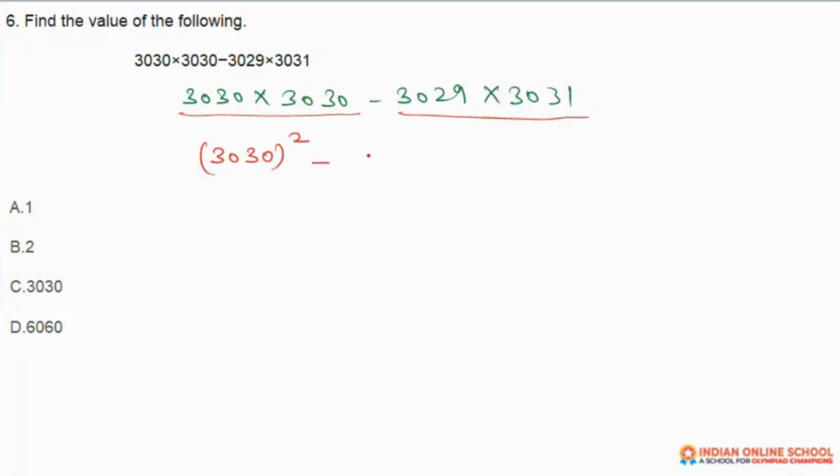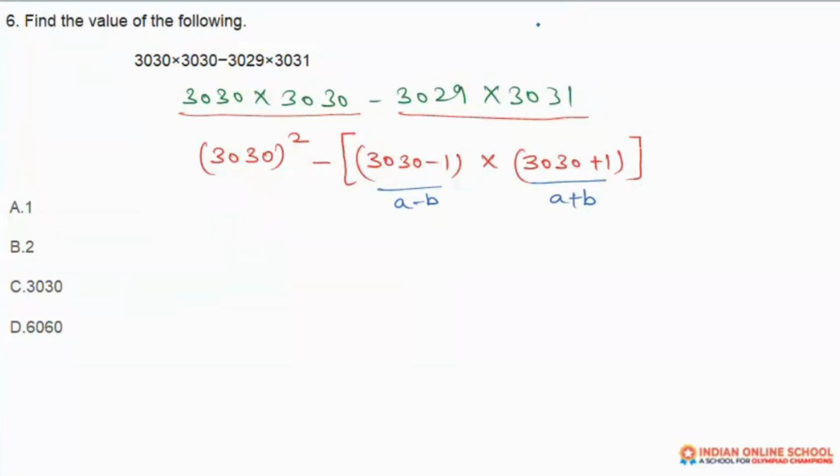If I write 3029 as 3030 minus 1, and 3031 as 3030 plus 1, then we can see this as A minus B and A plus B. Correct? And this is the identity we have: A minus B and A plus B gives us A square minus B square.